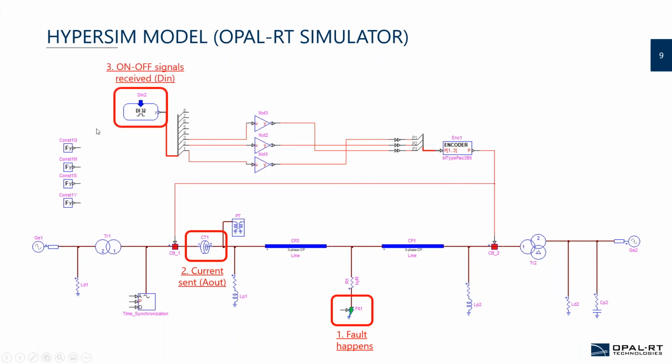The third important block is the on-off signal receive, which means I will receive all the signals that come from the Arduino card. This is the command of the Arduino card, the relay command. The fourth block is the breaker operates. It means that when I receive the digital signals coming from the Arduino card, I will send the command to these two breakers in order to open this line.